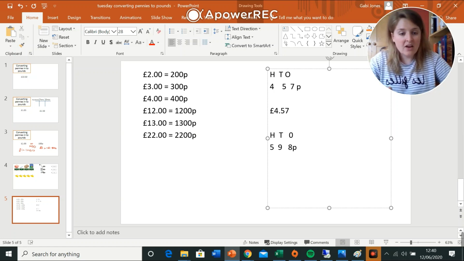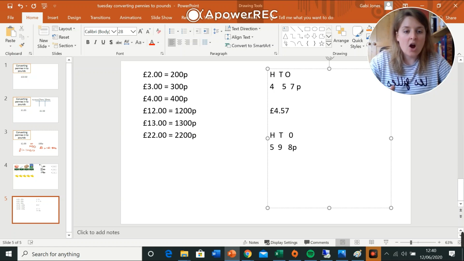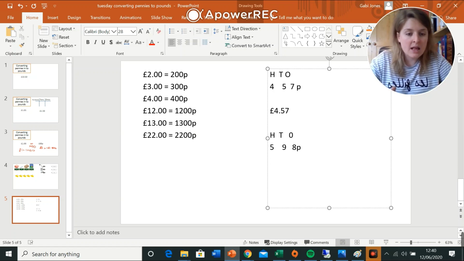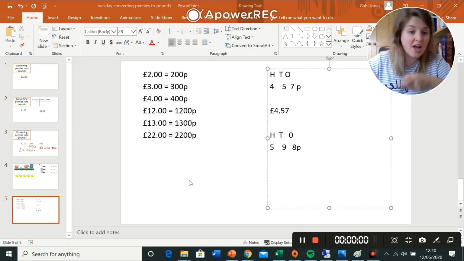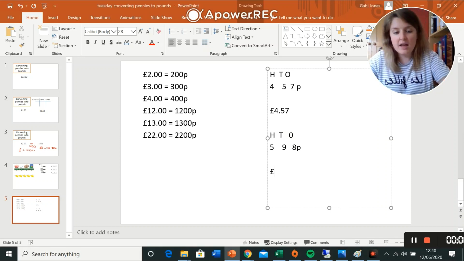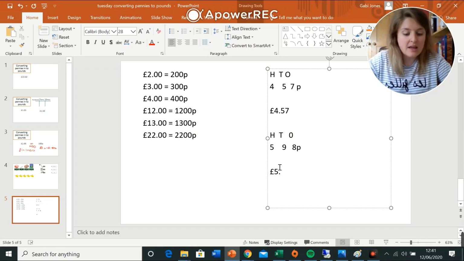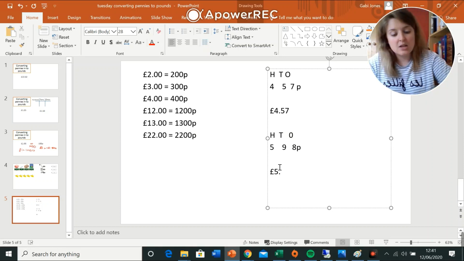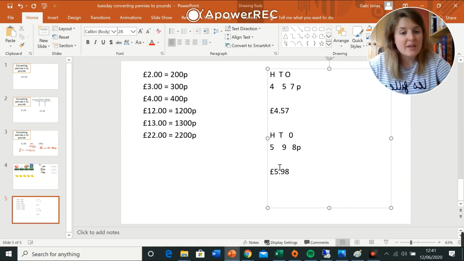Now, again, I know I need 100 pennies to make my £1. So in my hundreds there, I can see that I've got 500. So that means I've got £5. 9 and 8, they're not hundreds, they're in the tens and ones, they don't make 100. If I have 98, that's not 100, that is lower than 100. So that must be my pennies.